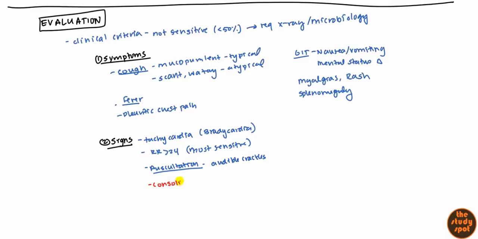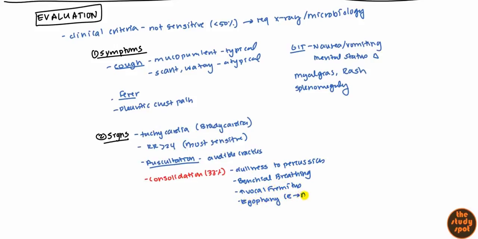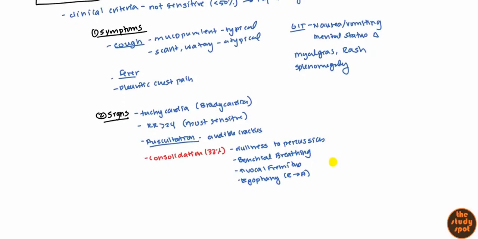Now, you do have signs of consolidation. This consists of dullness to percussion, bronchial breath sounds on auscultation, increased vocal fremitus, and egophony. And egophony is when they say E and it sounds like A. So again, if you do get these signs, this is more of a typical pneumonia, not an atypical pneumonia.